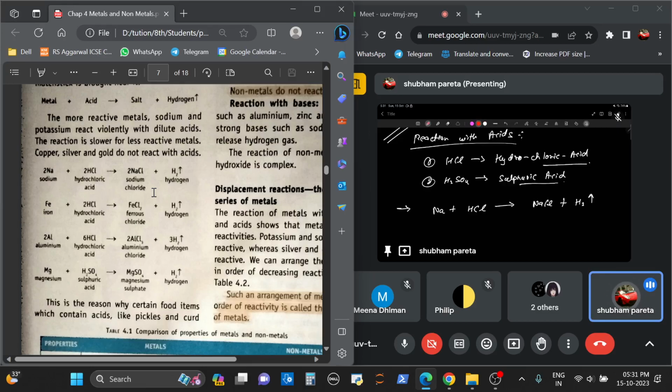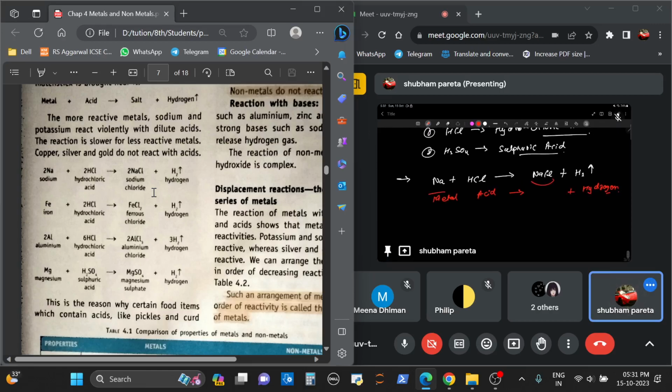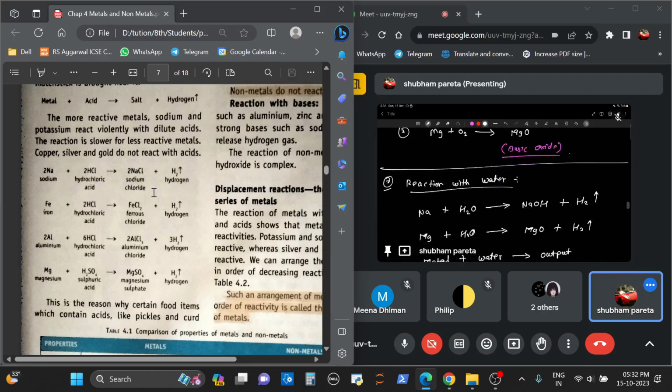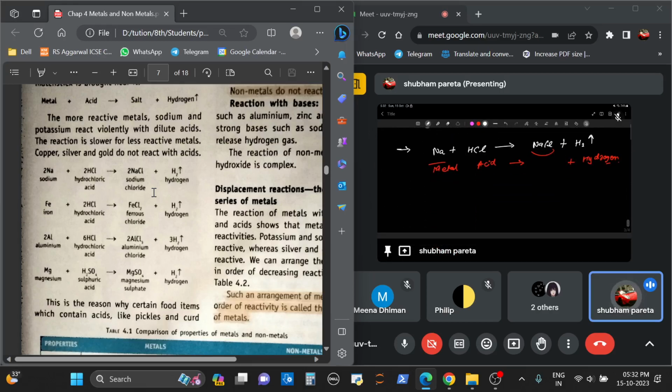That means the reaction of a metal plus acid gives us a byproduct and the release of hydrogen gas. This is one of the things which you can see. Proceeding forward, this is the reaction with acid.